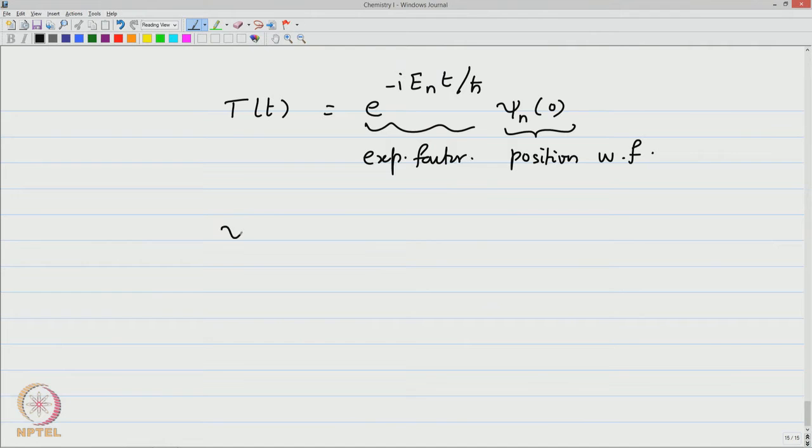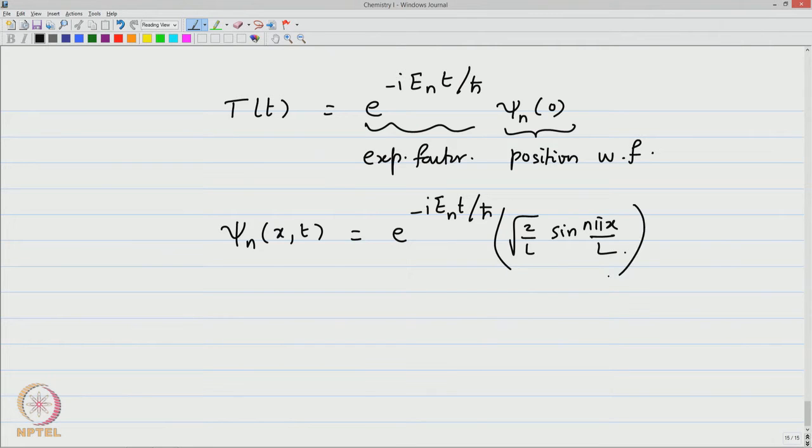So, the wave function psi n of x comma t is e to the minus i E n t by h bar times square root of 2 by L sin n pi x by L. So, this is the psi n of 0. The solution should be immediate.